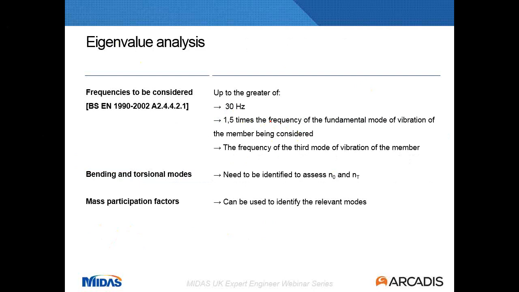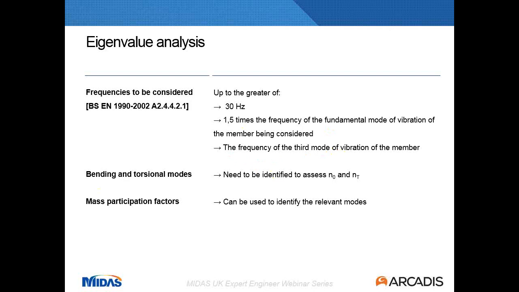If it's a main girder, so the vibration of this member. But if it's a cross member, or if it's a cantilever or another secondary member, you have to consider the fundamental frequency for this specific member, or at least 3 vibration modes for the member that you're designing.